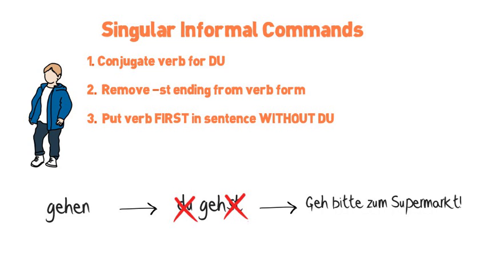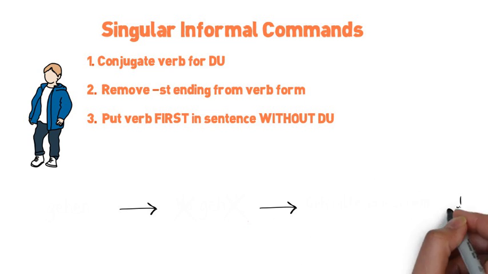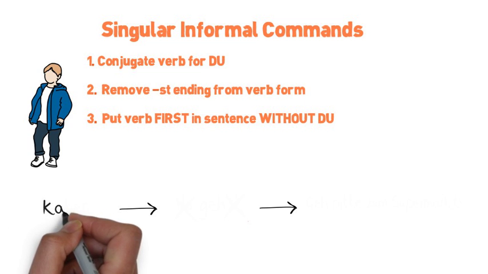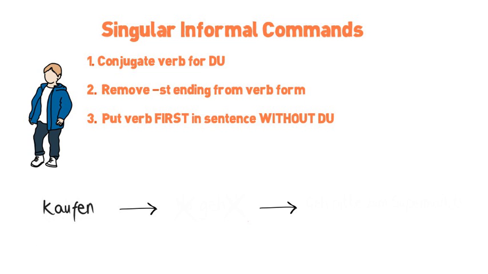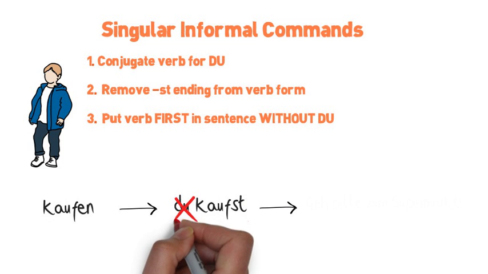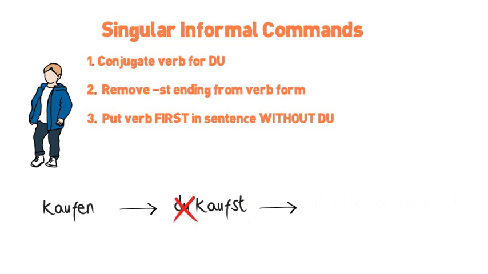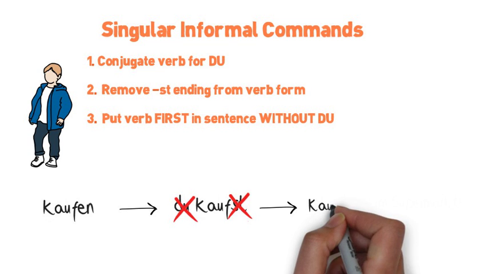Good, we were a little more polite here. Let's see that process again with another verb. This time we'll use kaufen, to buy. Again, conjugate, remove the du and the st, and then put what's left, kauf, at the beginning of the resulting command that you make.